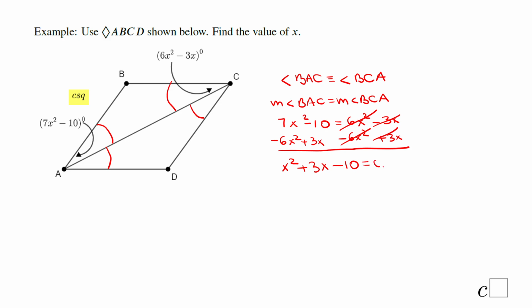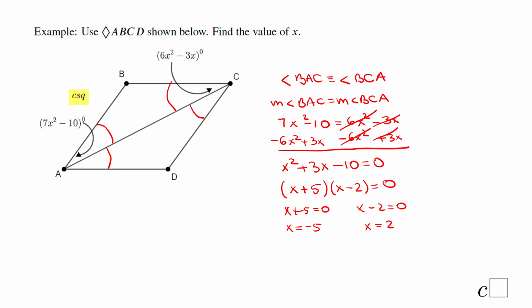We have a quadratic, and I will solve this one by factoring, and the factored form will be x plus 5 times x minus 2 equals 0, which by setting each factor to 0, x plus 5 equals 0, we have x equals negative 5, and x minus 2 equals 0, we get x equals 2.